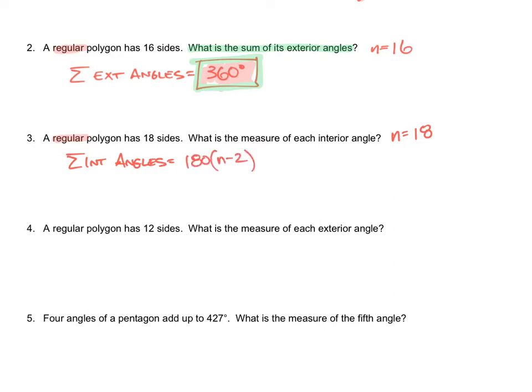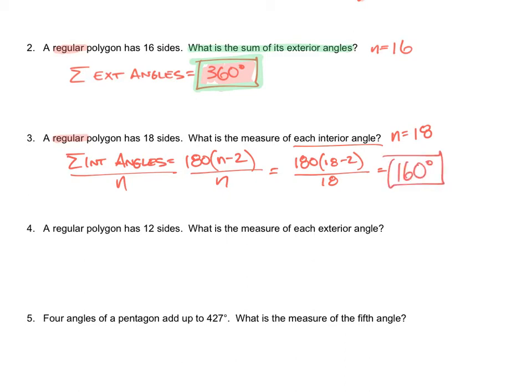And here's one of those properties of regular polygons: all the interior angles are the same. So if I take that sum and divide by n, that'll give me the measure of each interior angle. Now we just plug in n equals 18. We do 180 times 16 divided by 18, and you get 160 degrees.